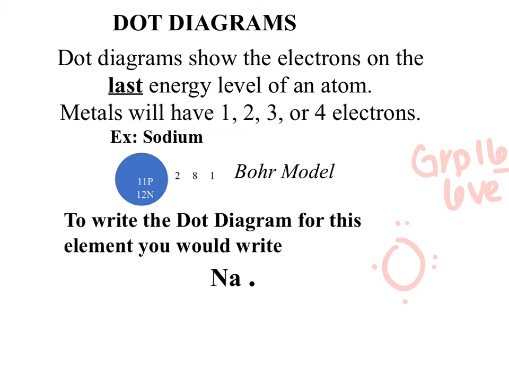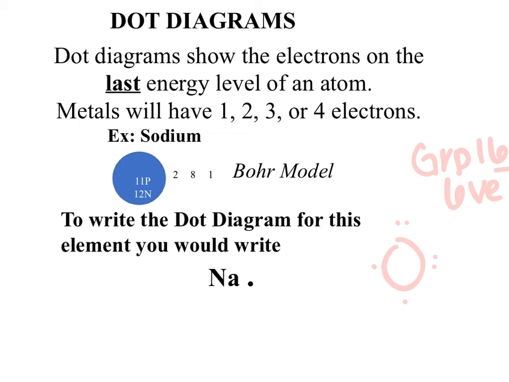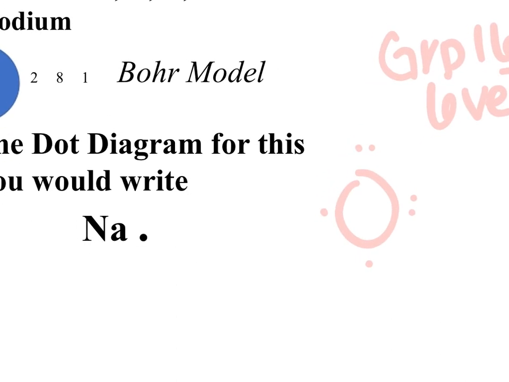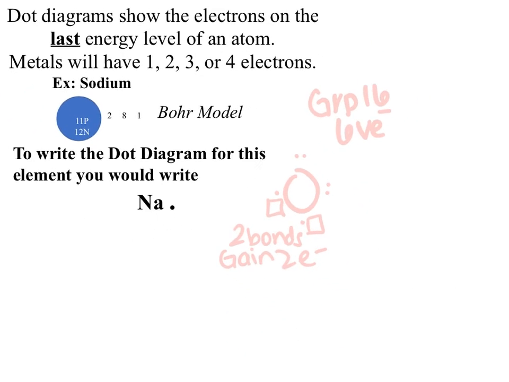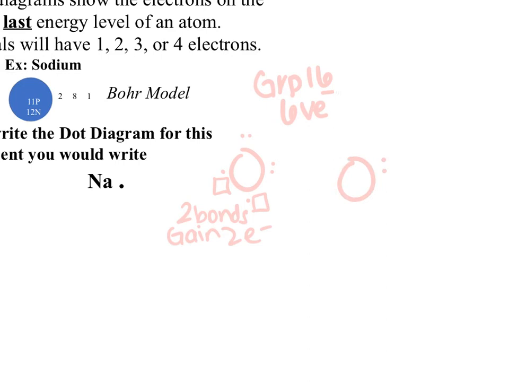Now, I really want you guys to follow that same pattern, because if you look, do you see how there are 2 spaces that are missing their partners? So if you notice, that means that it will form 2 bonds then, because ideally it would like to gain those 2 electrons. If I draw this like this, 1, 2, 3, 4, 5, 6, it's a lot harder for me to try to identify how many electrons or how many bonds it's going to form.